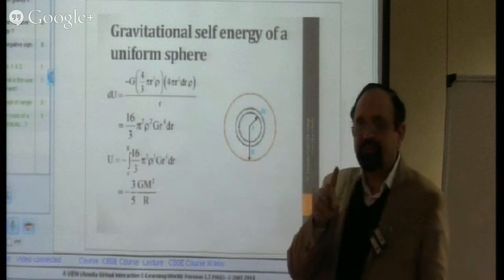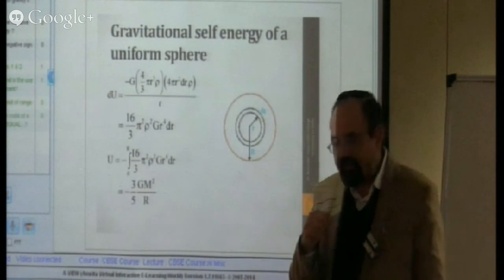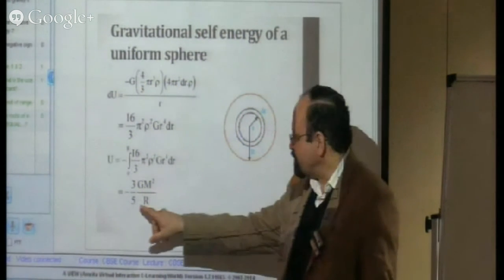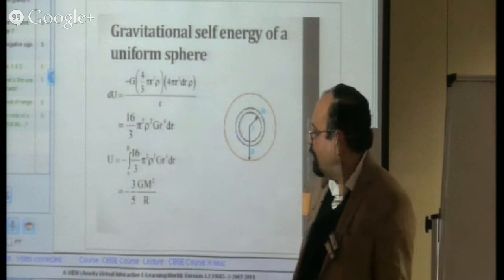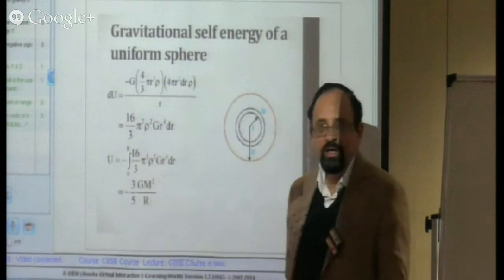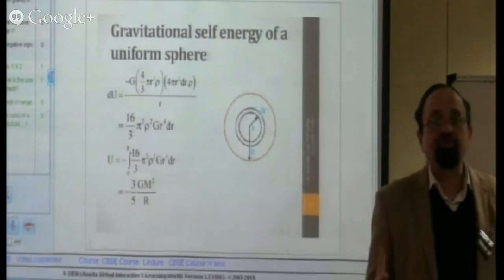When you integrate this, the power is increased and the increased power is divided, right? So this gives me r to the power 5 divided by 5. That's why we have a 5 here. And if you further simplify, you get the value as minus 3 by 5 G M square by R. So this is the self energy of a solid sphere.